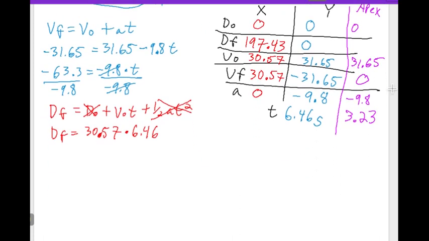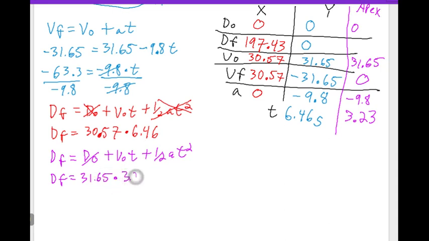Now that we have all these variables written out again, we can go ahead and solve for the distance that our object reaches in maximum height. We're going to use the exact same equation, but this time we've got to plug in our y variables. So df equals do plus vot plus 1/2 at squared. df is what we're solving for. do is 0. vo is 31.65.